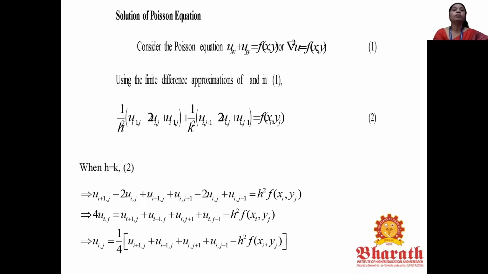That is, 4 u of i comma j is equal to u of i plus 1 comma j plus u of i minus 1 comma j plus u of i comma j plus 1 plus u of i comma j minus 1 minus h square into f of xi comma yj. That is, uij is equal to 1 by 4 into u of i plus 1 comma j plus u of i minus 1 comma j plus u of i comma j plus 1 plus u of i comma j minus 1 minus h square into f of xi comma yj.